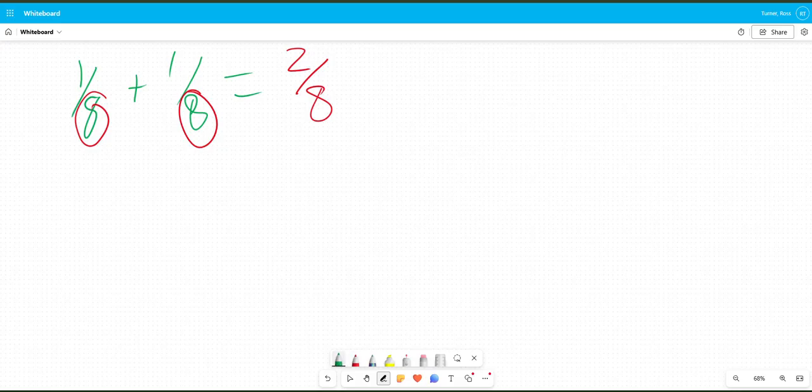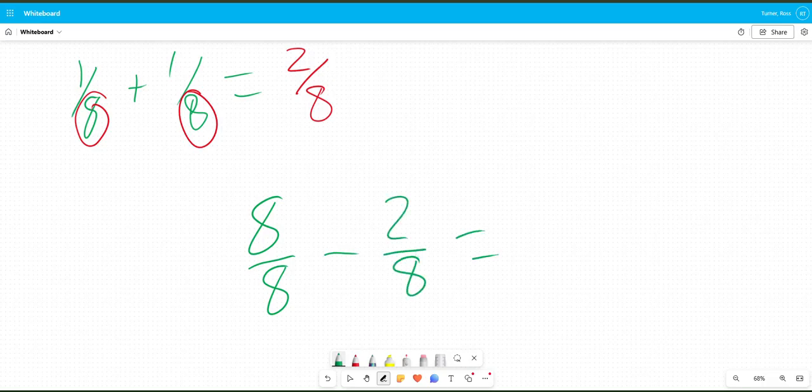But if the whole school is represented by 8/8, then we need to subtract 2/8 from it to get how many were actually still in school. Denominators are the same.